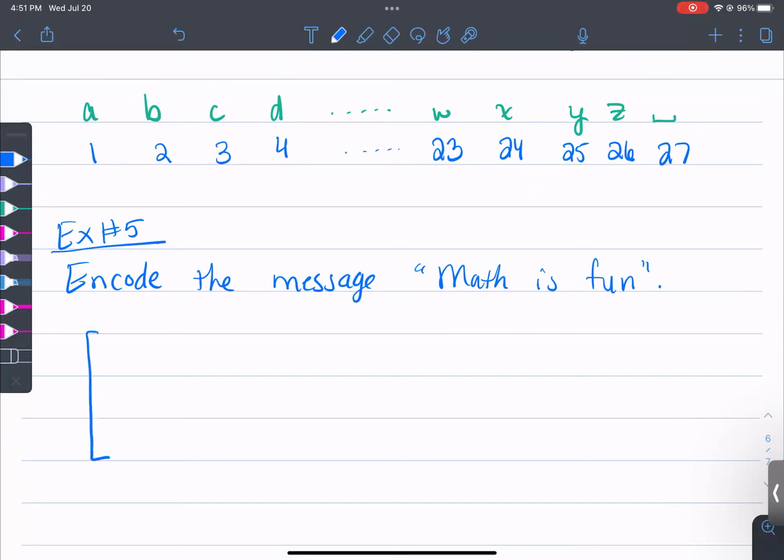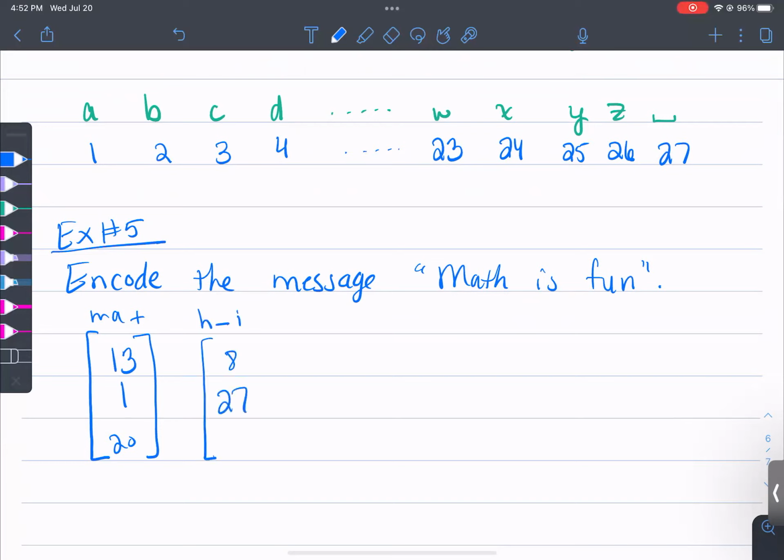So I'm going to first take MAT. M would be the number 13, A is 1, and T is 20. After T is H, then a space and the letter I. So H is 8, space is 27, I is 9.